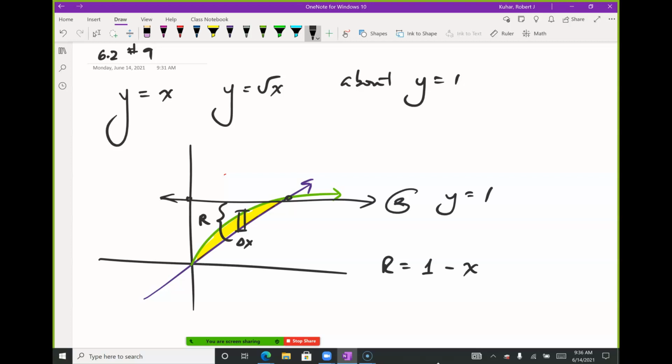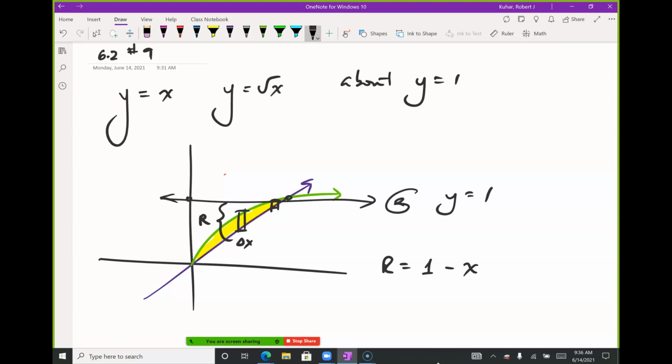Now before I do the lowercase, I want to just share with you a way that I would get myself to see this a little bit better. If I drew my rectangle right here, that rectangle is so small, right?